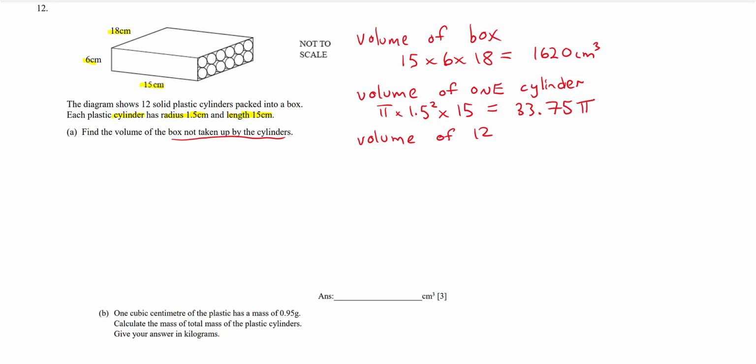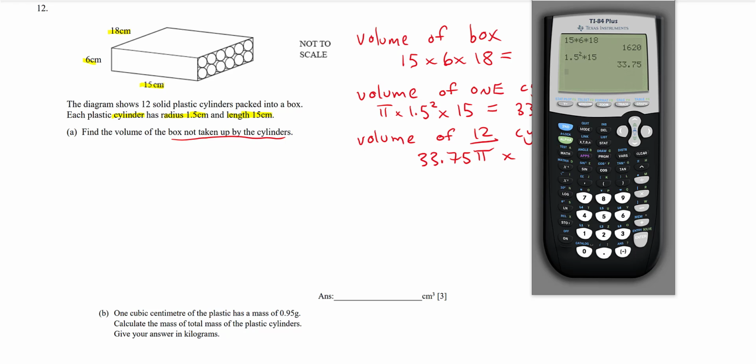So the volume of 12 cylinders is going to equal 33.75 pi times 12, and so we've got 33.75, and then multiply that by 12, we get 405.